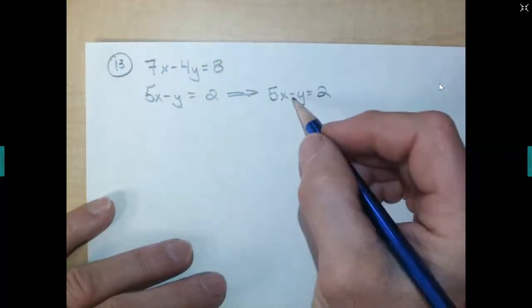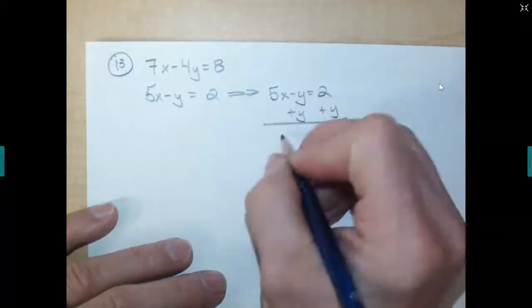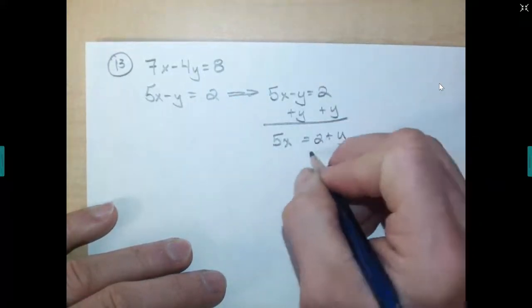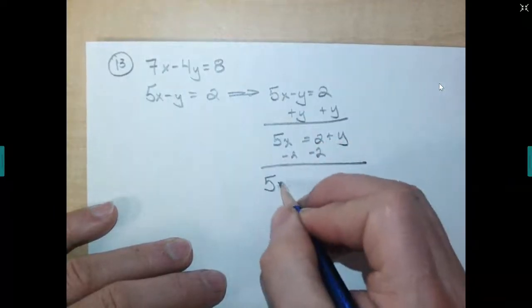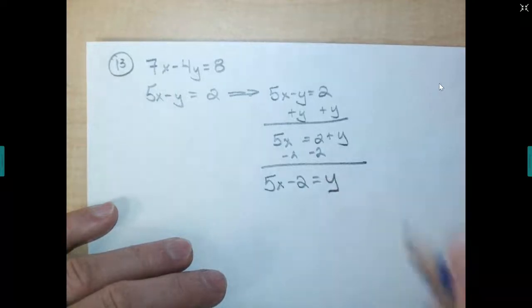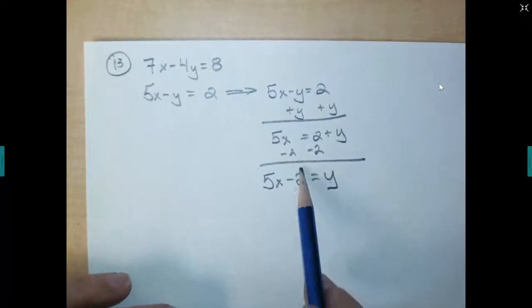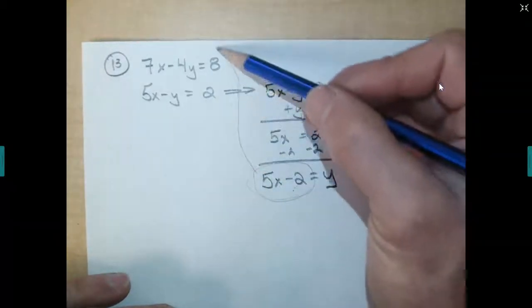Since that's a negative, I'm just going to go ahead and add it since I want a positive y. So 5x equals 2 plus y. And I want to subtract the 2. I want to have 5x minus 2 equals y. So now I solved for y. And now I could plug this into the y value of my other equation.